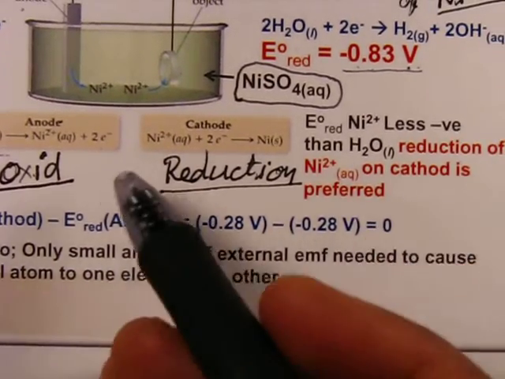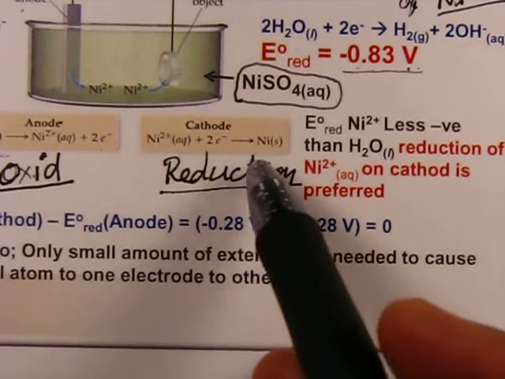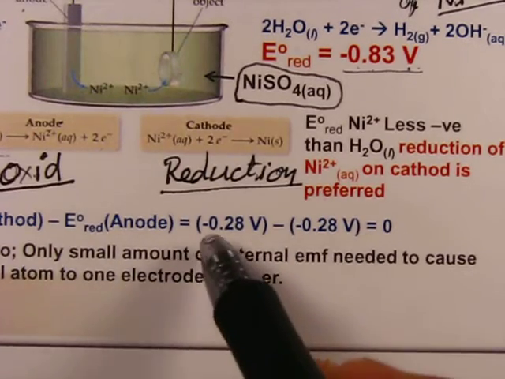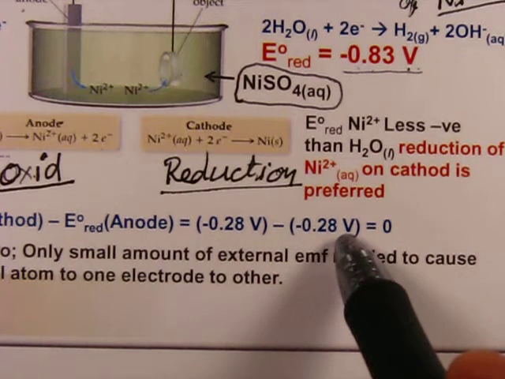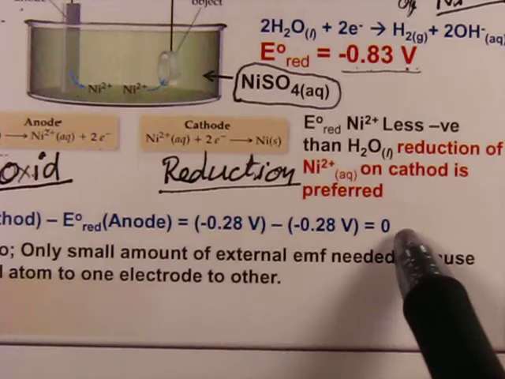So basically in both cases only nickel is participating. So nickel reduction potential minus nickel oxidation potential will be 0.